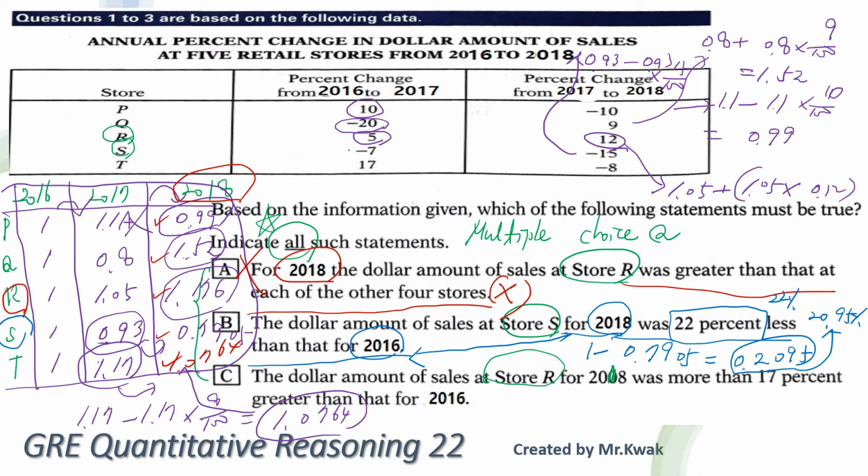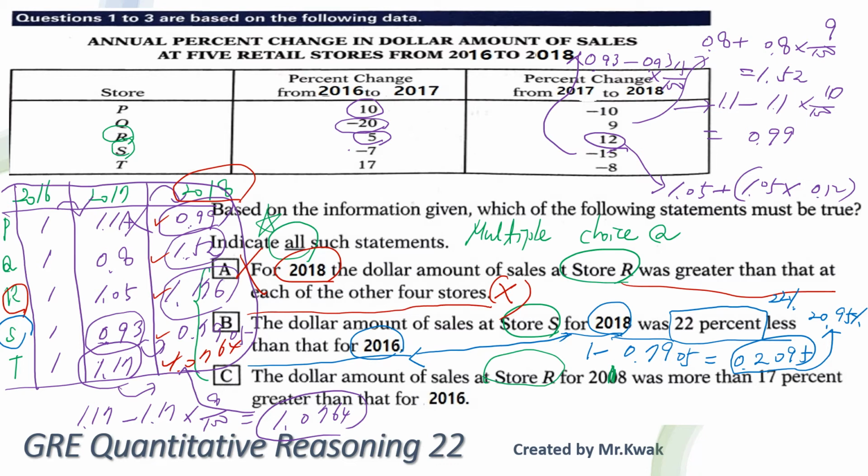Was the store S for 2018 22% less than that for 2016, or 20.95%? I'm sorry about that. It was a little bit confusing.